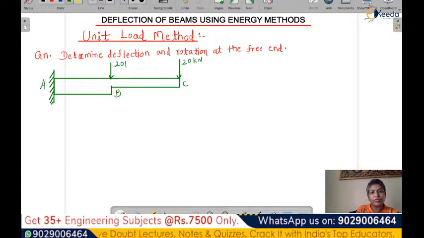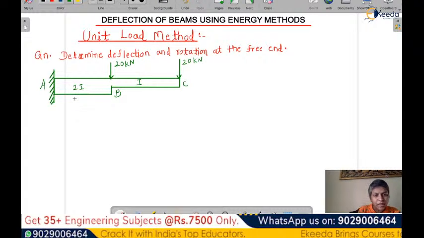This is 20 kilonewton. This is 2I. This is I. Okay. And this span here, it is 2 meter and this is 2 meter.